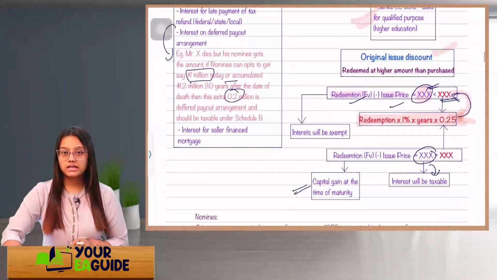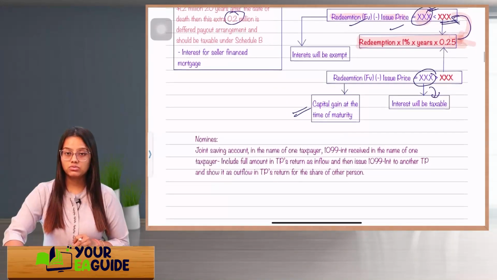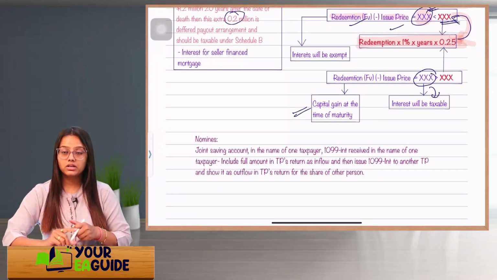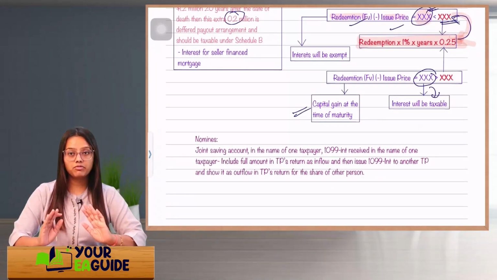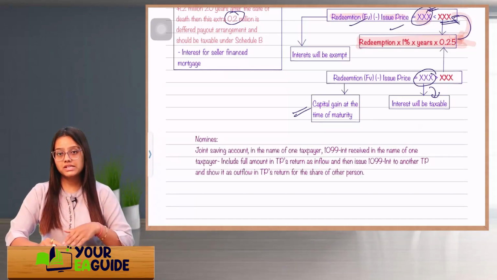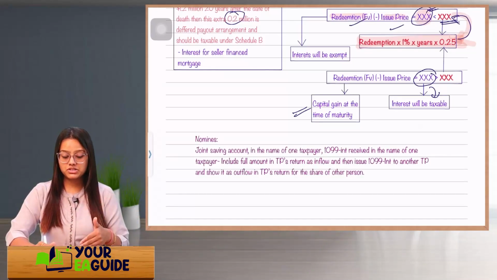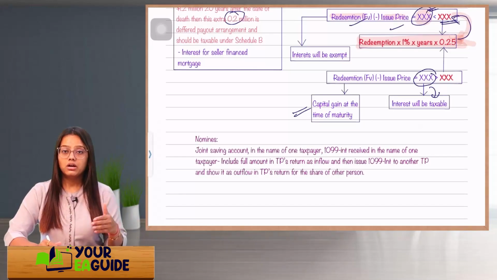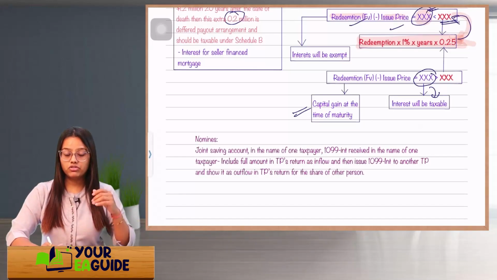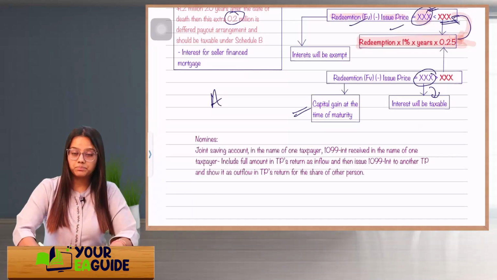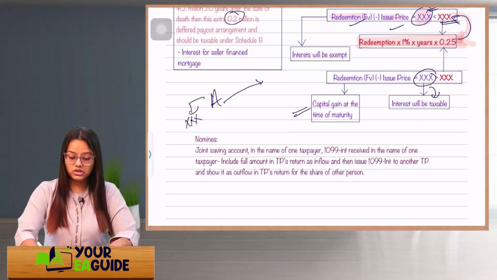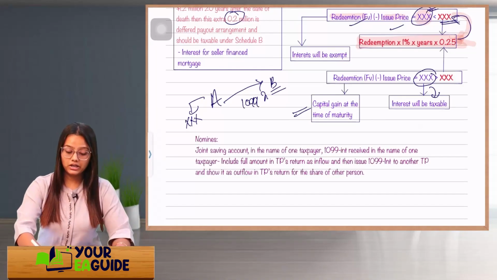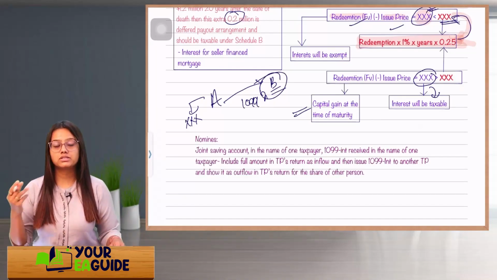Now one more thing in interest income. When you have a joint account, the 1099-INT will be issued in the name of one person only. Let's say Mr. A and Mr. B both own the bank account jointly, and the interest income is issued in the name of Mr. A. So Mr. A will include only his proportionate amount, and Mr. A will issue a 1099-INT to Mr. B, who will include his proportionate amount in his tax return.